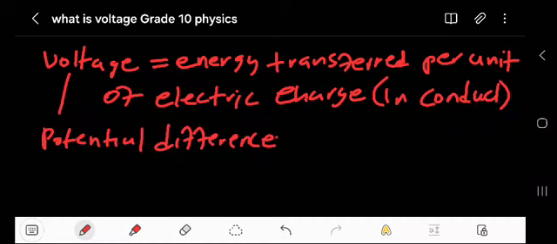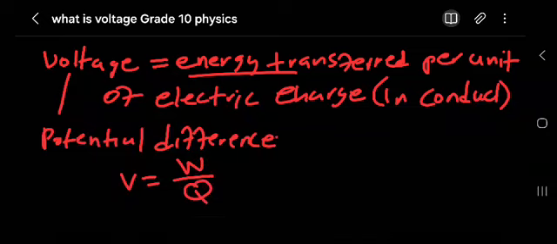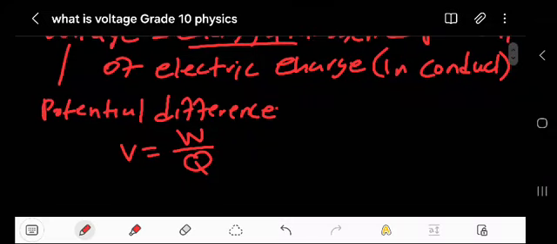That means voltage is equal to the energy transferred per unit of charge. This is simply the work that is done. W represents our energy, which is simply work. You understand?